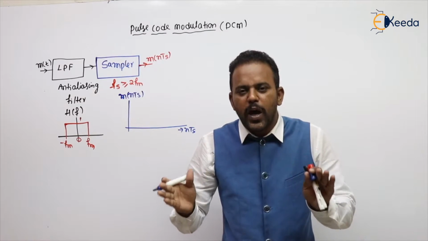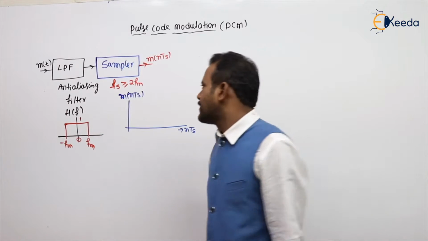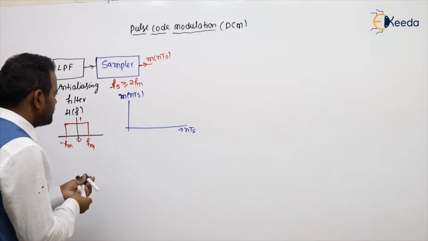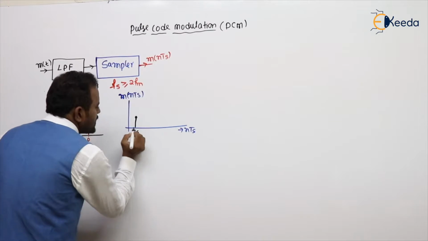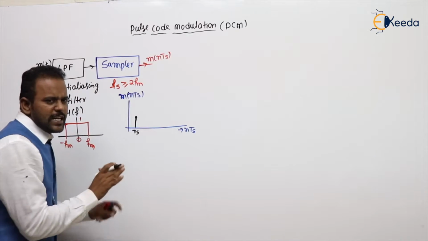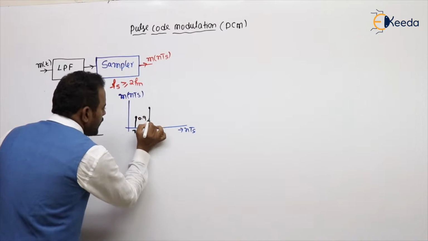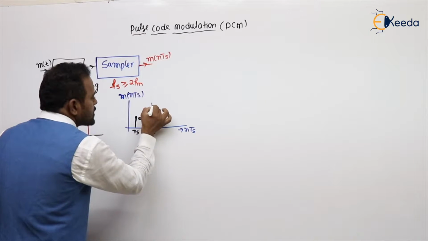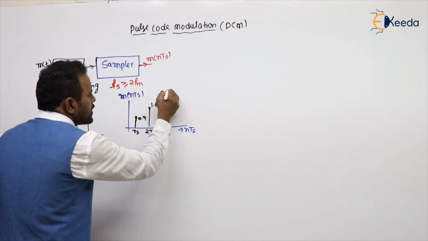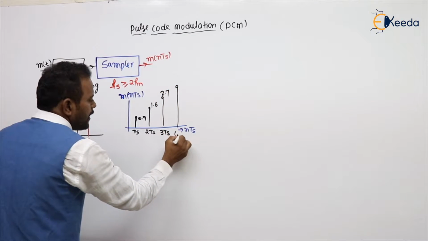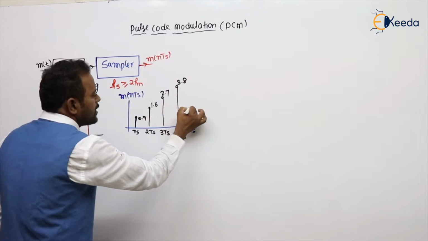The amplitude of m of t at nTs. For example, the sample value at t equal to Ts is some random value I am writing, so these are not standard. For example, this value is 0.9, at 2Ts for example 1.6, at 3Ts for example 2.7, at 4Ts for example 3.8, and so on.